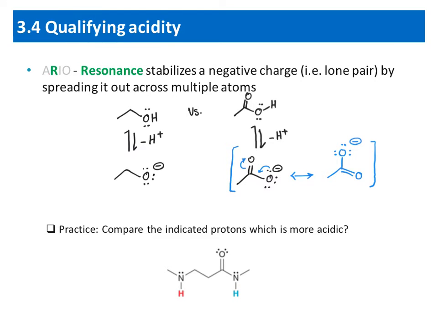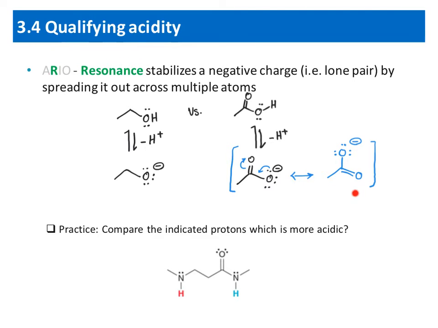However, this anion cannot do resonance. So we say that this anion is resonance stabilized and the charge is delocalized. However, the negative charge in ethoxide is localized.